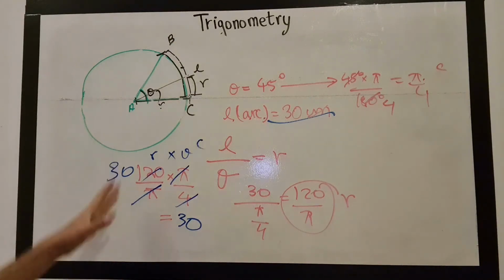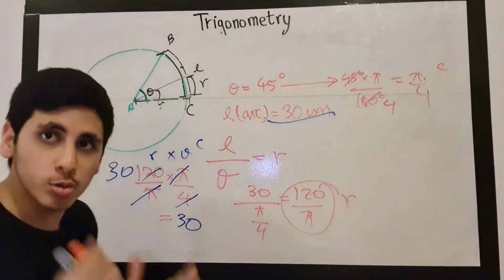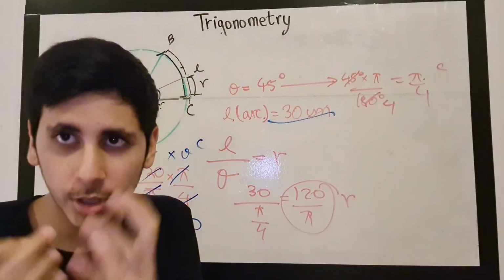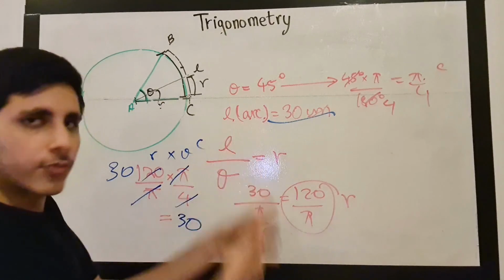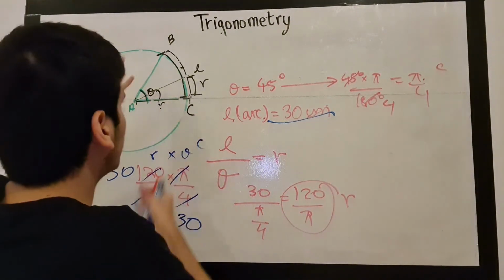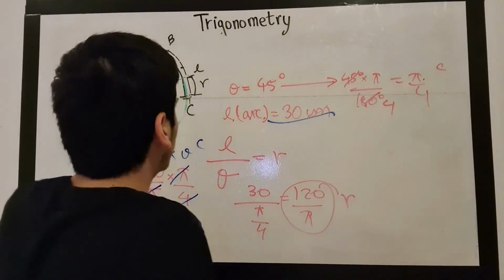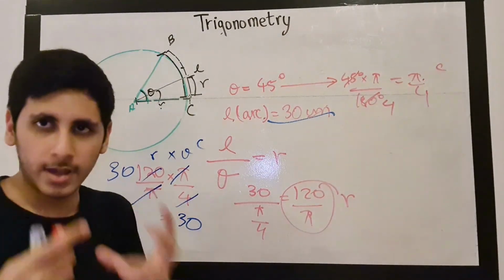The good thing is we have understood two concepts: radians, what they are and how to convert them to degrees, and we've understood this formula from a very simple circle with just an arc, a radius and a central angle. So that's the beauty of mathematics.